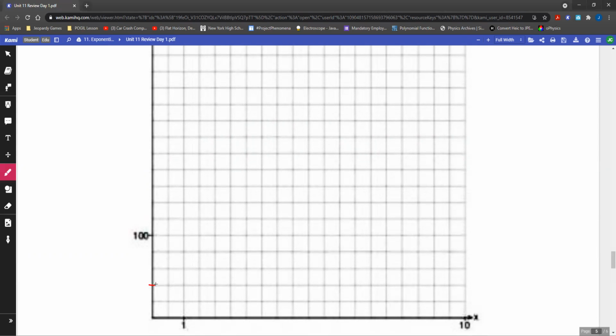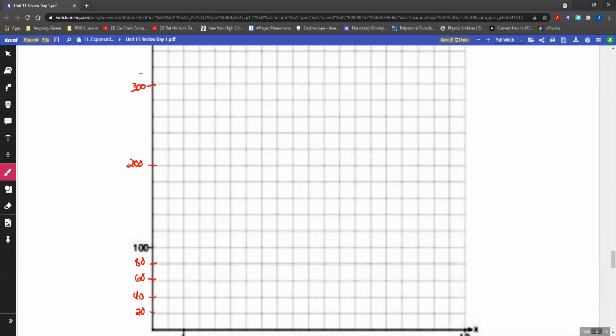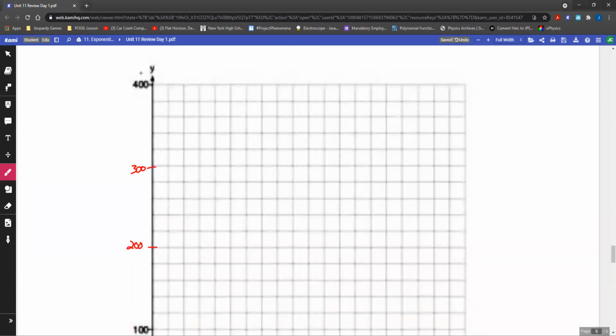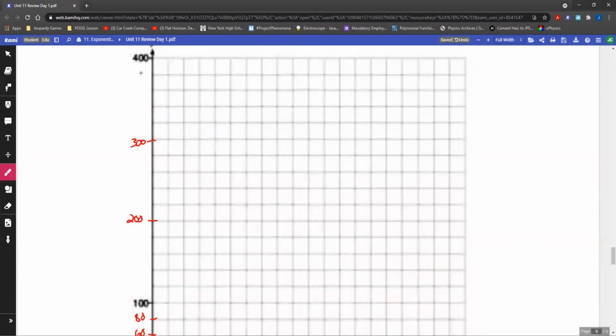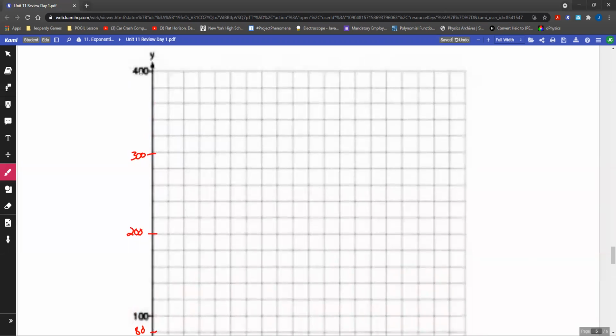So each one of these is 20. One, that's 200. That's 300. And that goes up to 400. So at 0, it goes up to 396. So that would be like right about there.